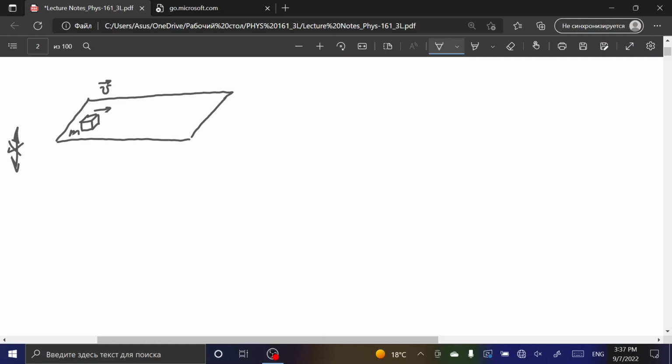So we have mu k. So what will happen with the block as it travels along this horizontal plane? Let's say the plane is not limited in space, it will not fall down from the plane.